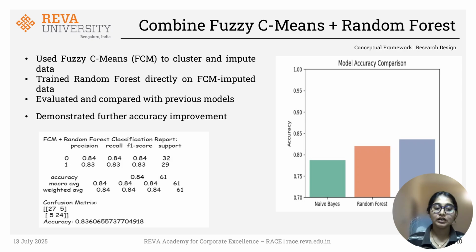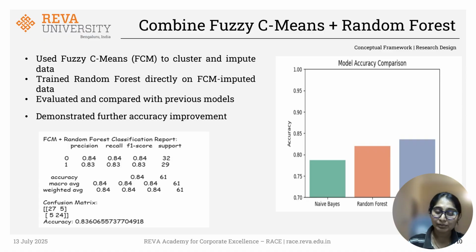We have also enhanced the model further by integrating fuzzy C-means clustering. Firstly, we clustered the imputed data using FCM. Then we trained the random forest on the FCM processed data. Finally, we compared the results with the earlier model and saw further improvement in accuracy. This shows the effectiveness of combining machine learning with fuzzy logic and clustering techniques. Firstly, with naive Bayes the accuracy was 79%.